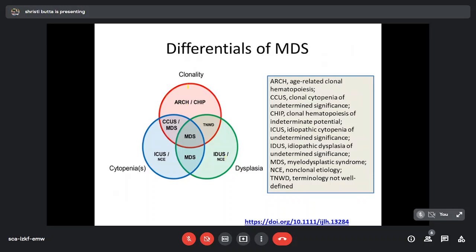If it's associated with clonality as well as cytopenia, but there is no dysplasia, it could be clonal cytopenia of undetermined significance. So these entities very closely resemble MDS, but they must be distinguished based on their clonality, cytopenia, or dysplasia.